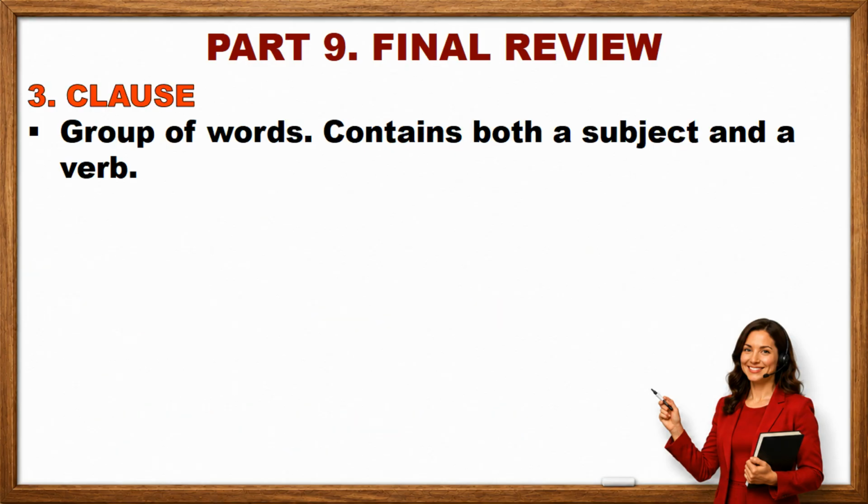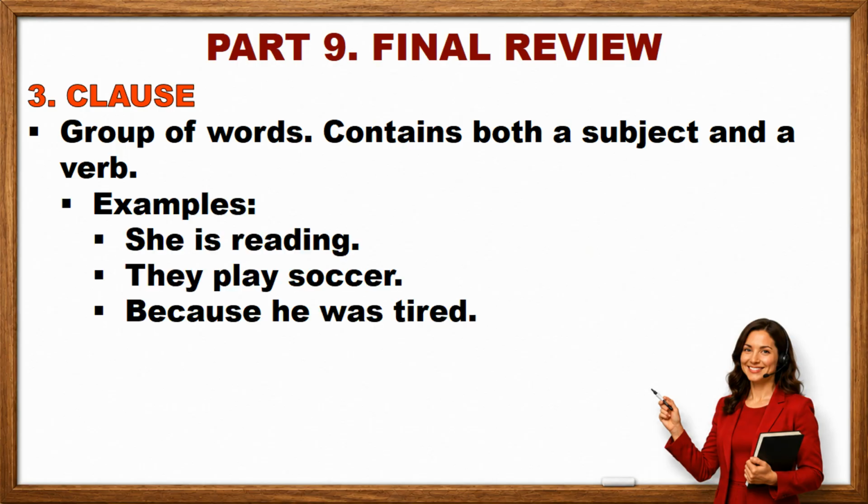Clause. Group of words. Contains both a subject and a verb. Examples: she is reading. They play soccer. Because he was tired. If you remember this simple rule, understanding English grammar will become much easier, because almost every grammar topic is built on these 3 concepts.